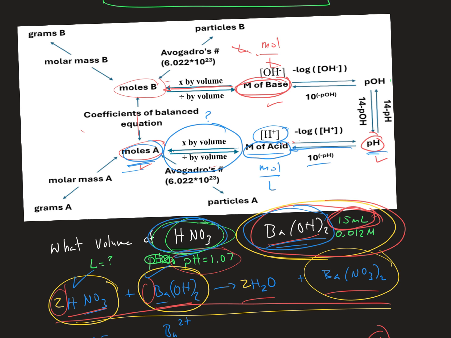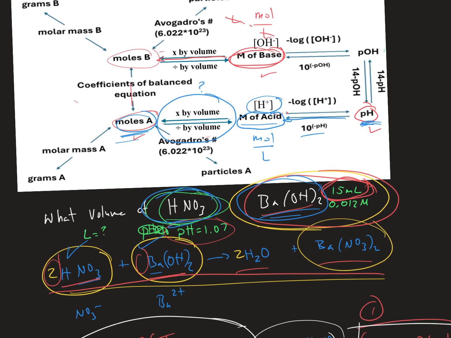Pause. So that last step, we had to use the stoichiometry basically, right? Uh-huh. It's not on here. Is it always involved in that step? If you're going from pH to an acid, yes. If you're going from pOH to a base, yes. And that is just the ratio of the molecule.